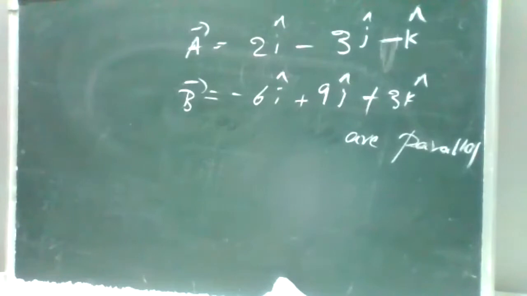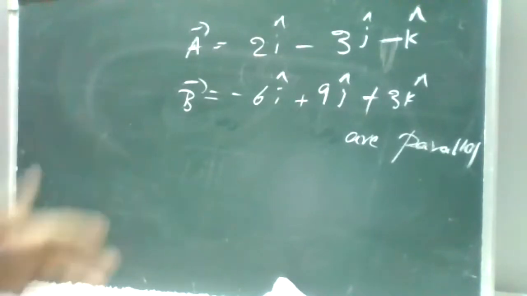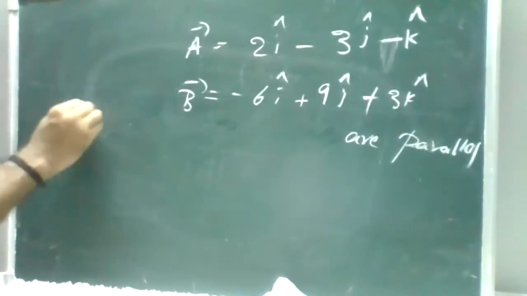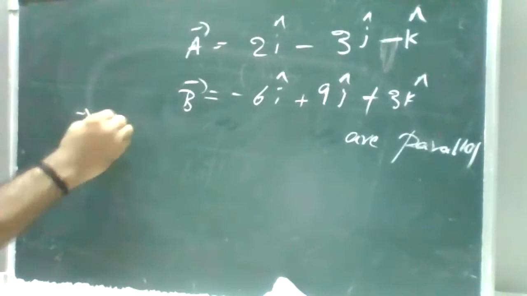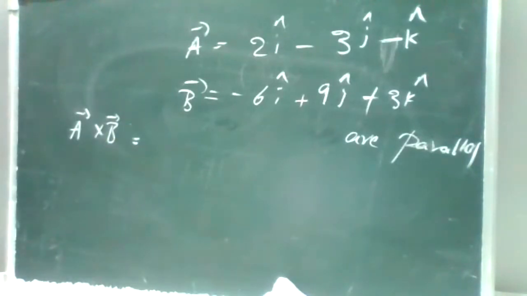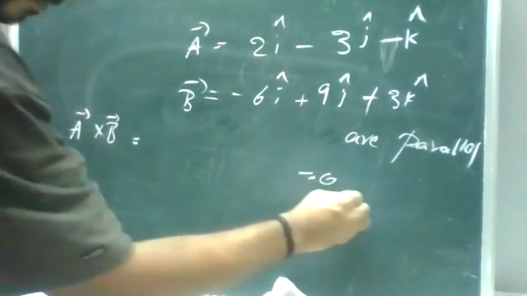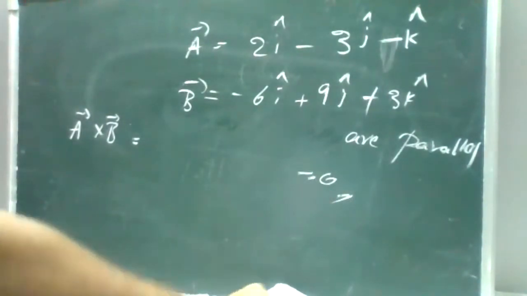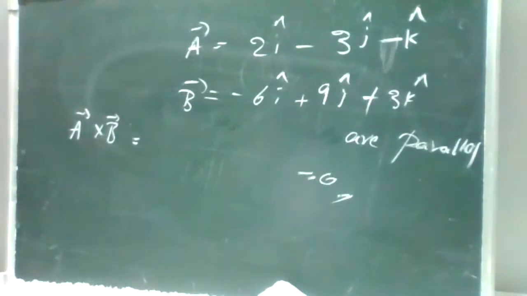So we are going to prove it. To prove that it is parallel, just do the multiplication. A vector cross B vector, by matrix multiplication, if the answer is equal to 0, then it is parallel. If you are getting some other answer in vector format, it is not parallel. Okay, so try to write it in matrix form.